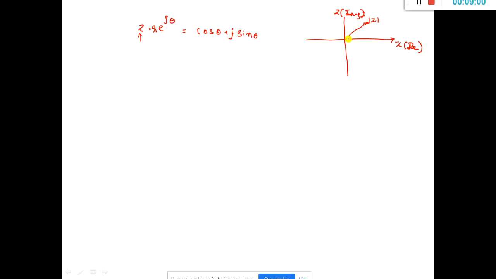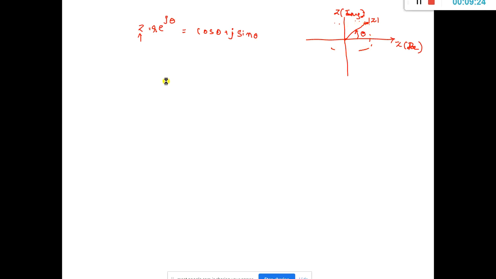It will be at a certain distance from the point of origin, making a suitable angle of omega or theta. In this case, theta. So this is going to represent the entire set of frequencies that lie on my z plane.